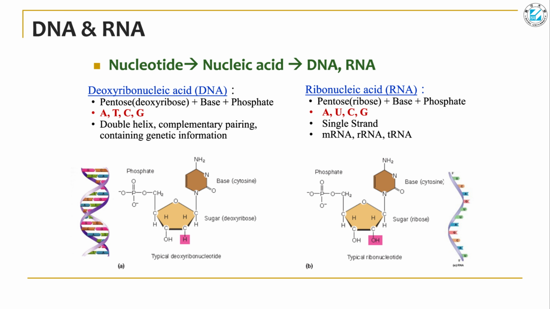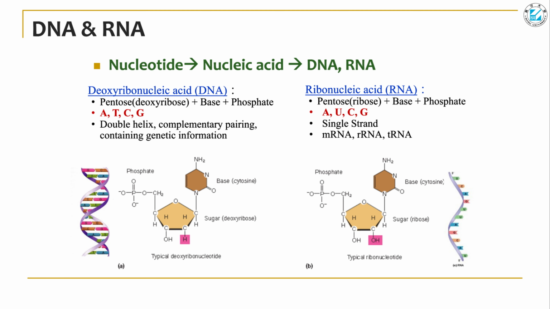So in this figure, we can see DNA, called deoxyribonucleic acid, composed of the pentose deoxyribose, a base, and a phosphate. The bases are A, T, C, G. It's a double helix with complementary pairing, and contains genetic information here.